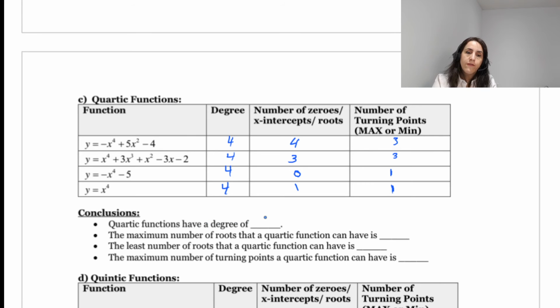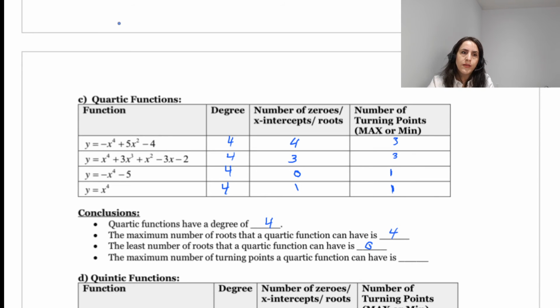A function with a degree of 4: we know the maximum number of roots it can have, based on the chart that I have here, is 4. The least number of roots it can have is 0. It's an even degree, yes? And we talked about it.